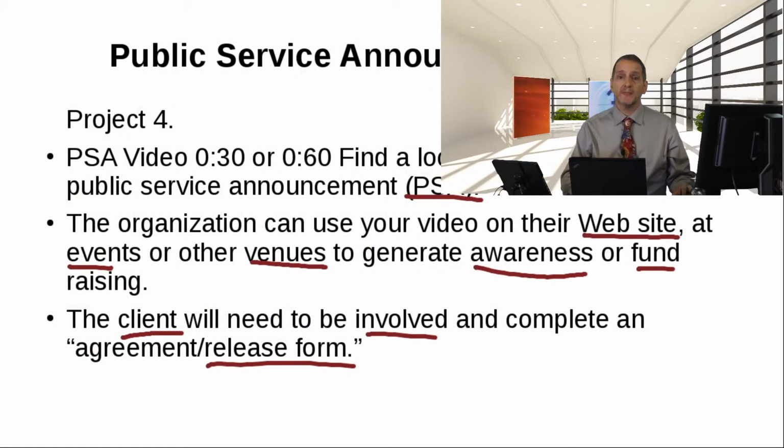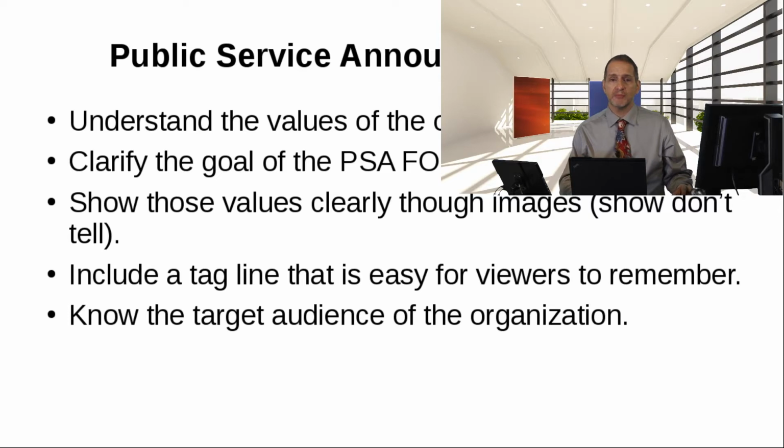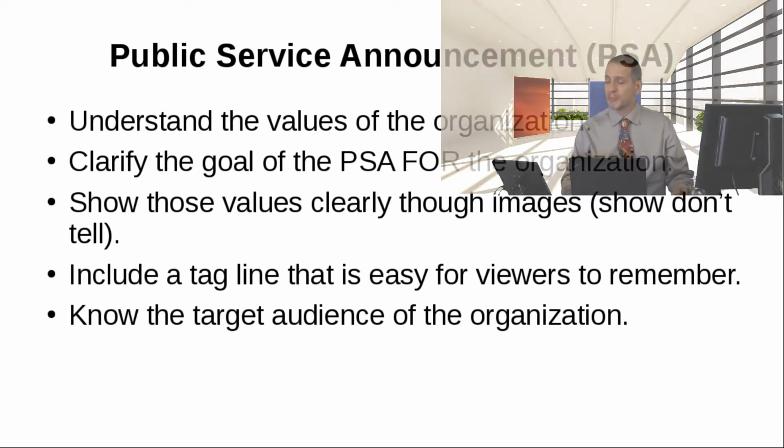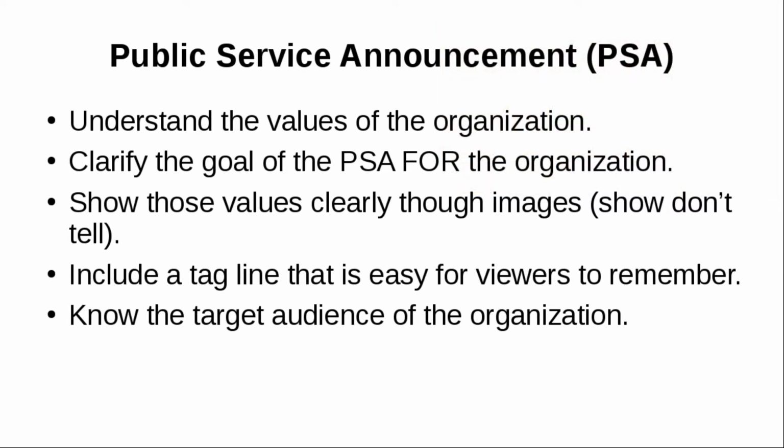Okay, so what are some of the main things we need to pay attention to when making a public service announcement kind of format? Well, because you're working with an organization, it's very important to understand the organization's values. What is it they really think is important? What do they represent? So you need to make the goal of the PSA very clear.